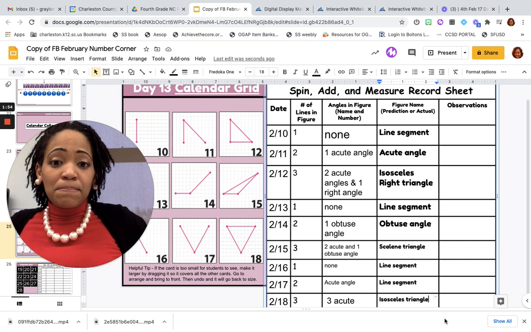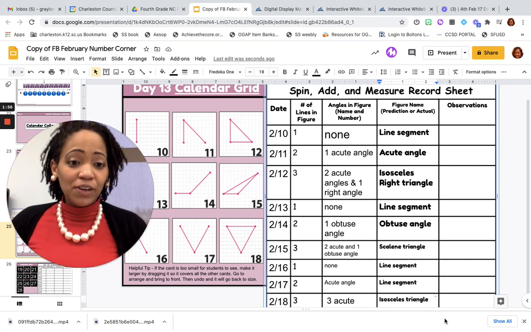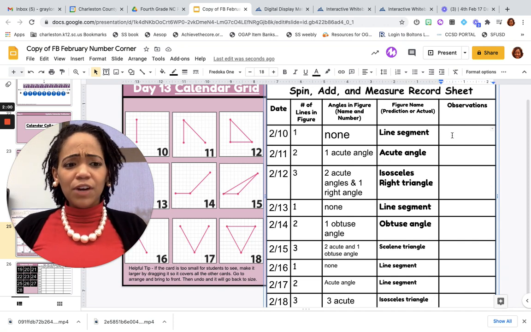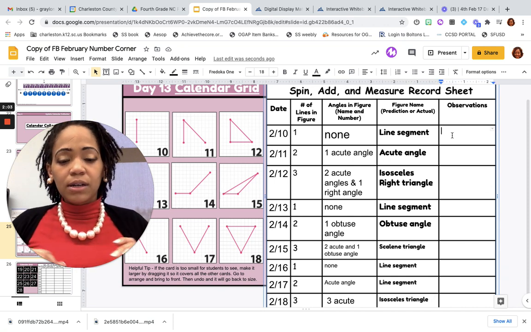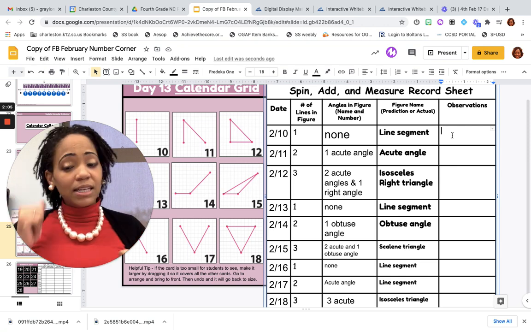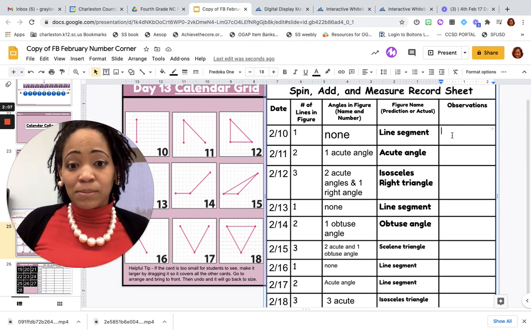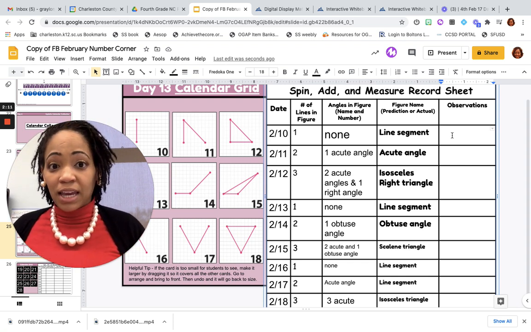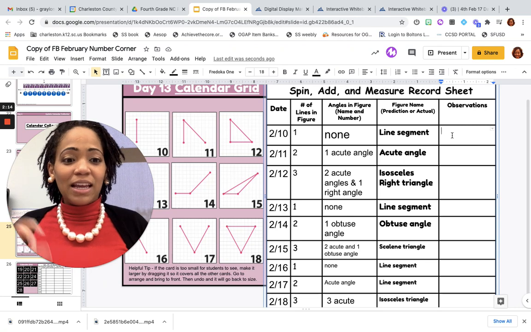And so with that in mind, we are going to update the observation portion of our chart. It looks like our pattern goes from 1 line segment, then 2 line segments, to some kind of triangle. So I guess we're reviewing all the different types of triangles for the second half of this month.